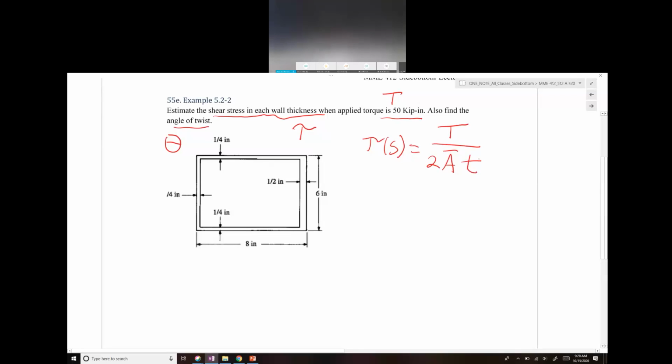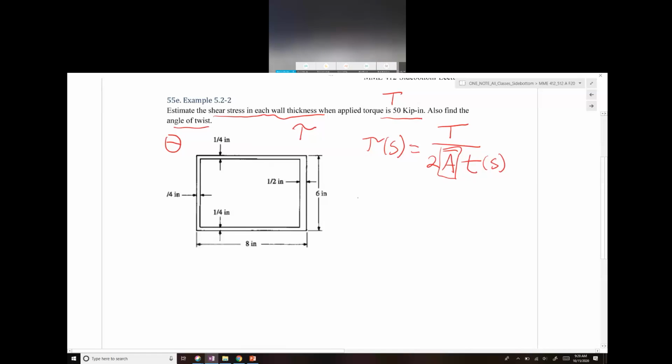So t is a function of s. But our A is constant, so the only thing that's changing is our t, the thickness along our section. The torque was given to us as 50 kip inches. The area we need to calculate.